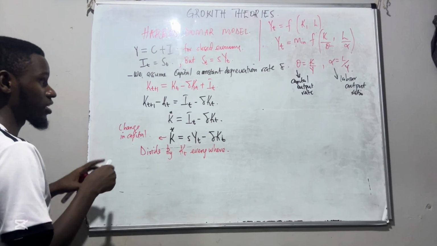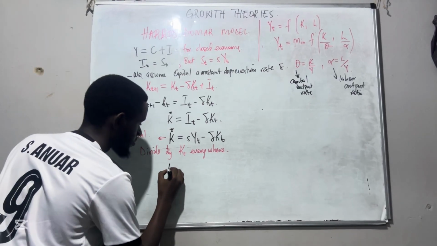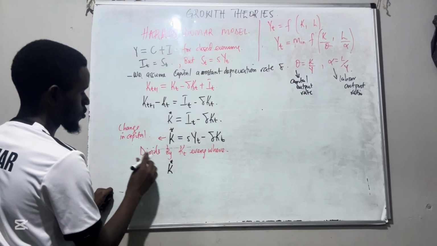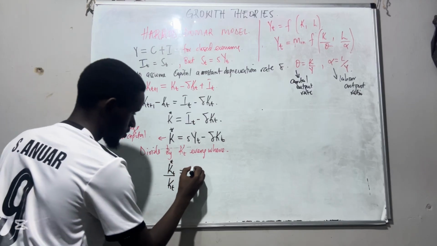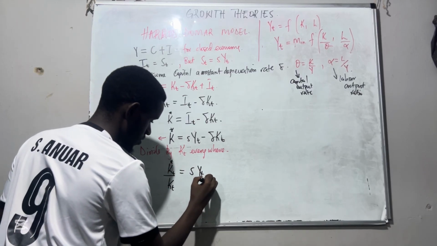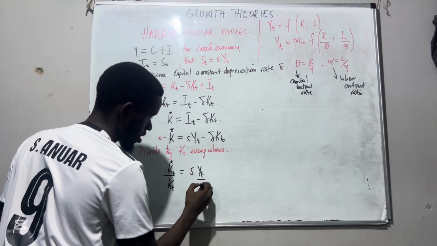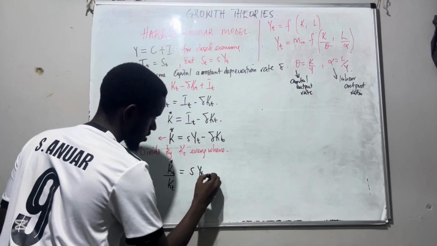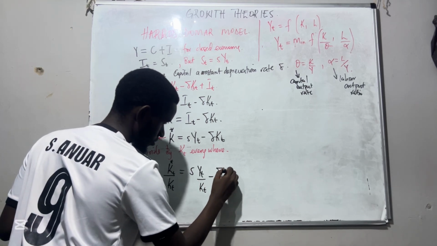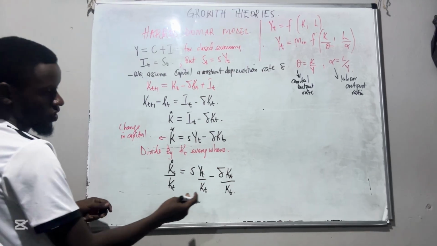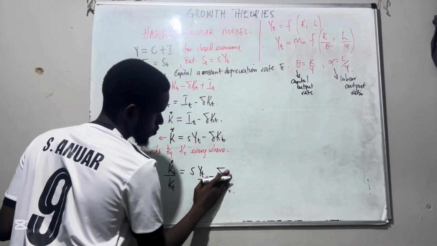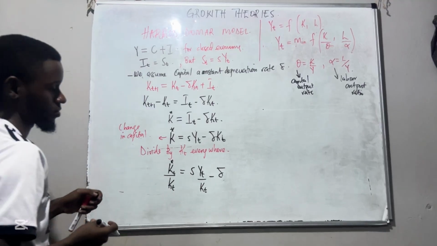I'll have k star, which is change in capital stock, divided by kt, which is the same as s times yt over kt, minus sigma kt out of kt. But sigma kt out of kt, this kt will die, and I'll just remain with sigma.